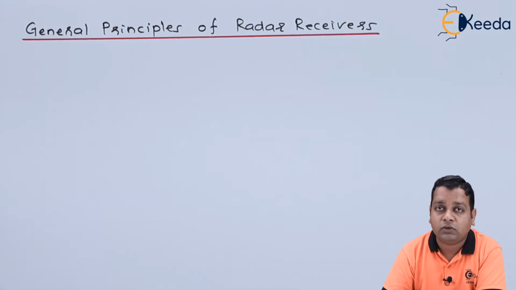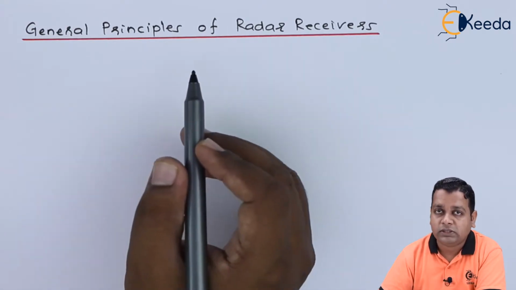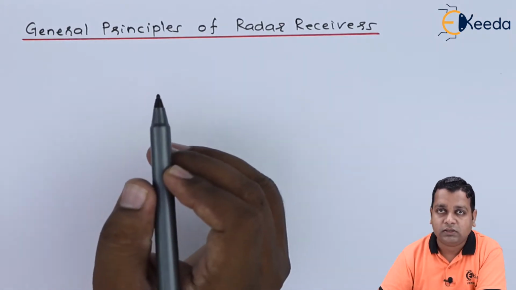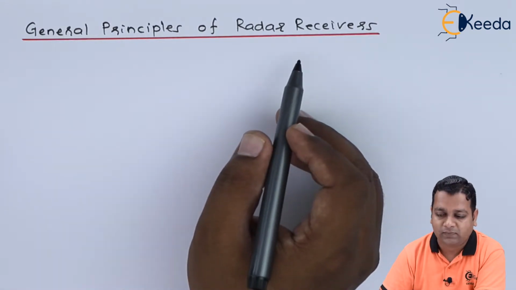The modulator is there so that the pulse modulation over the carrier frequency signal can be generated, and with the help of the duplexer type of transmitting antenna, it can be transmitted towards the intended target. After the reflection, it should be received by the receiver section. For the receiver section, there are certain general principles that can be considered while designing these receivers. So let us discuss them.